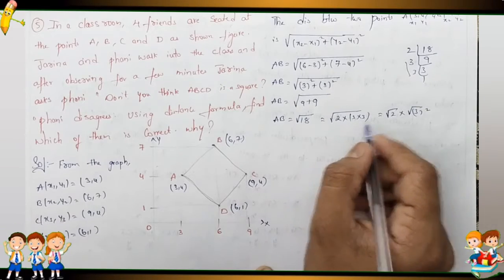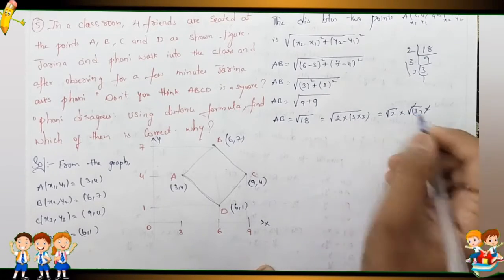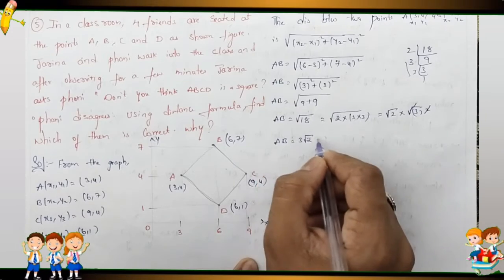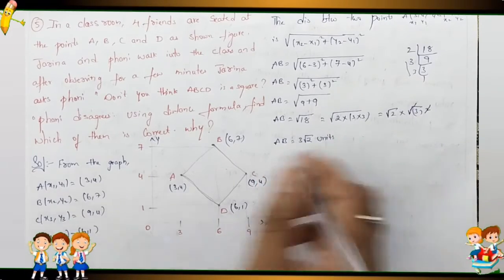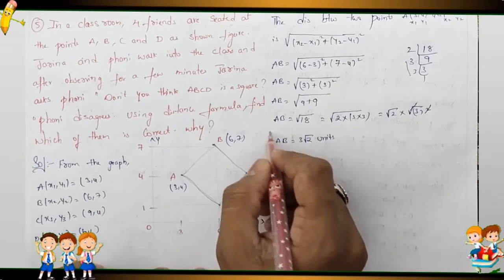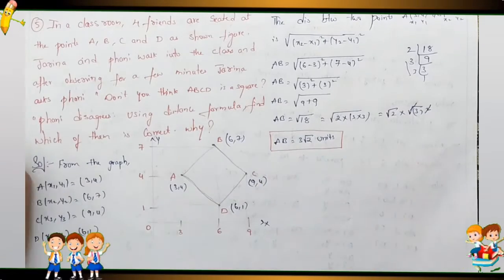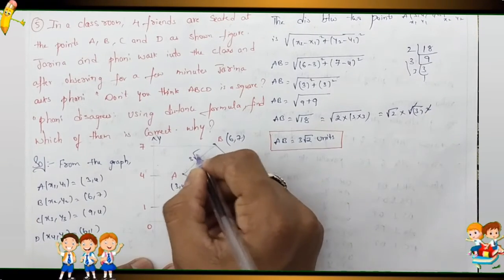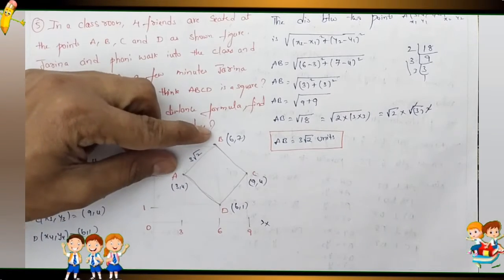Here the root cancels. So AB is equal to 3 root 2 units. So we got the AB value.